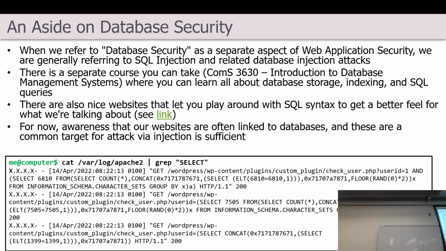There's actually a couple things going on here. We have a GET request, right? We talked about on Tuesday for our WordPress, something with regards to a custom plugin that's checking a user. It's passing a user ID, and then we're also appending this really complicated looking database select statement on the end of it. Sounds like somebody is doing a test for a potentially vulnerable WordPress plugin there.